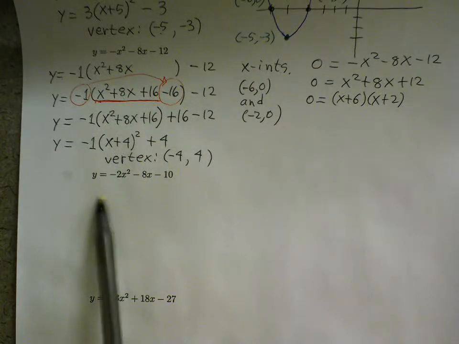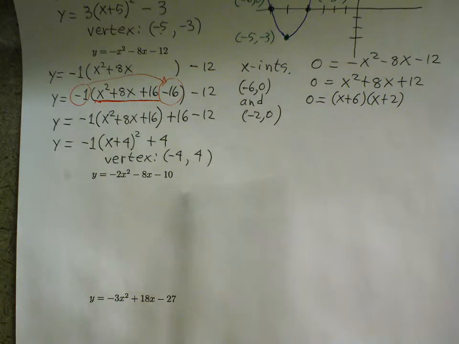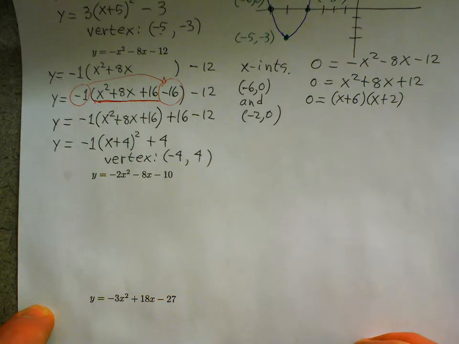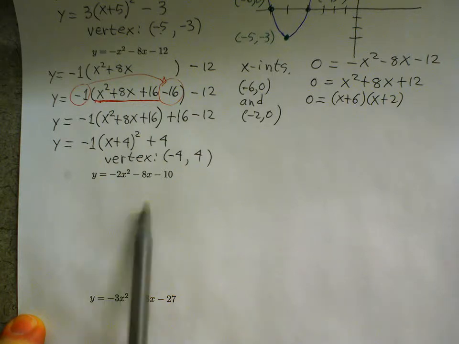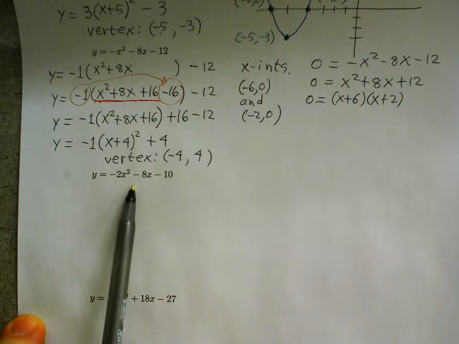We have this quadratic function, y equals negative 2x squared minus 8x minus 10. We'll write it in vertex form using the completing the square method. And we'll find the Y-intercept and the X-intercepts if there are any, and the vertex.